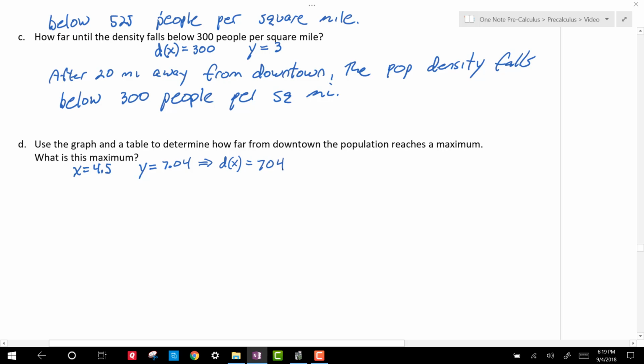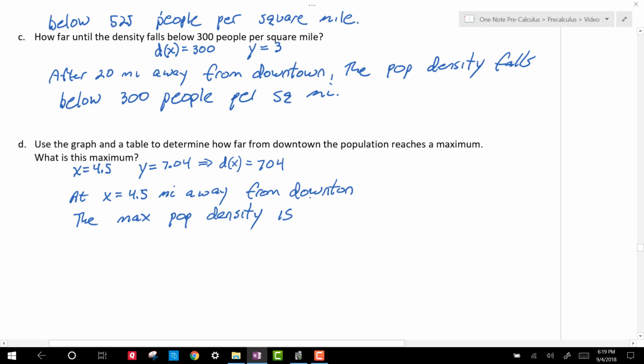Okay, so at x equals 4.5 miles away from downtown, the maximum population density is, and again, this is an approximate, there were some other decimals there, just like the x value, approximately 704 people per square mile.